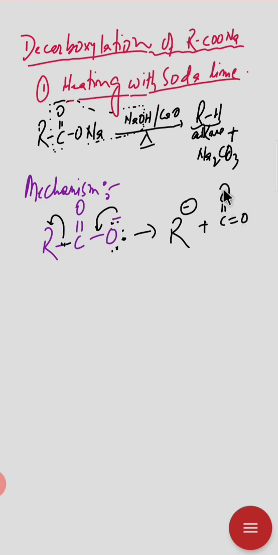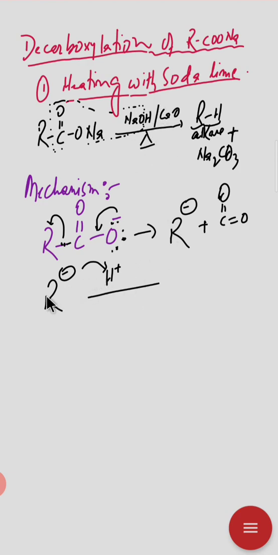This carbon dioxide will form, and this carbanion will abstract a hydrogen from water like this. This will be from water because we are taking aqueous solution here.